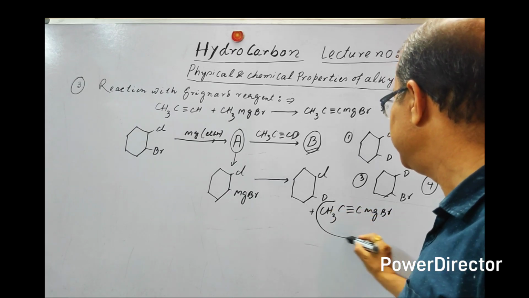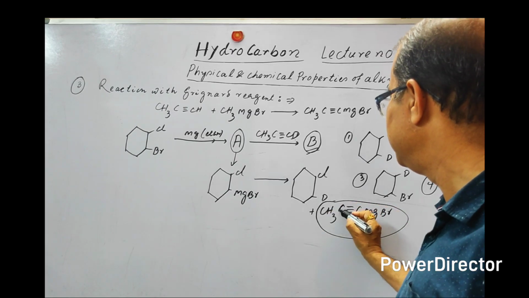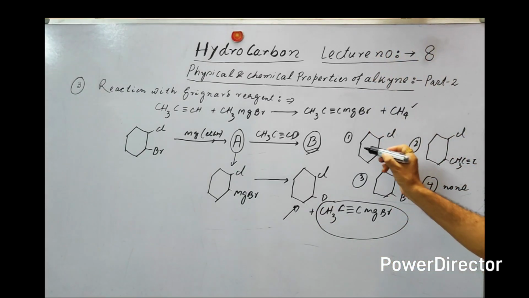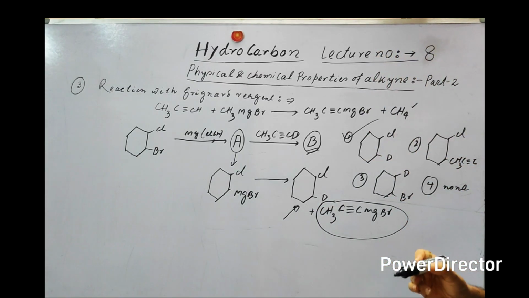This is the Grignard reagent that is produced, and this is the product, you can see. So the answer will be 1, that is the correct answer.